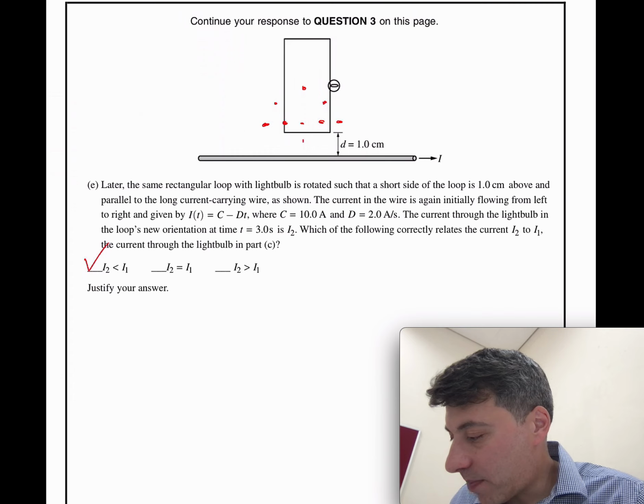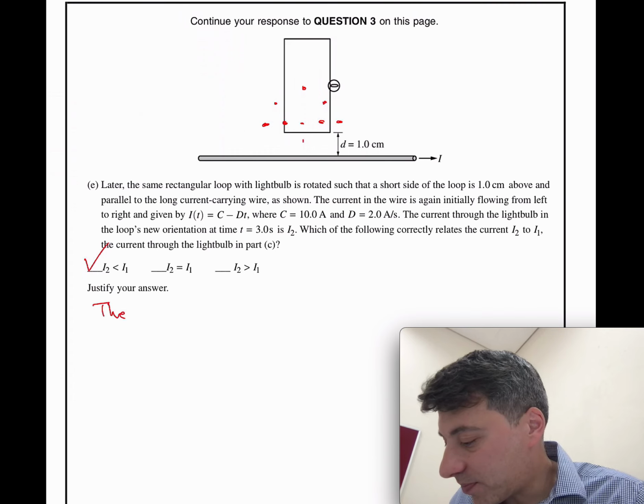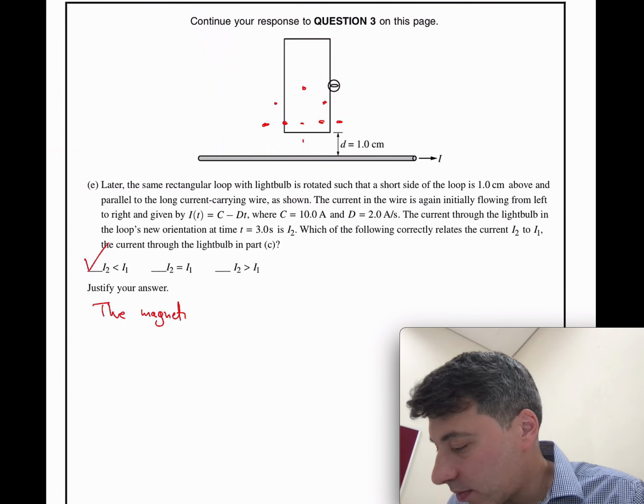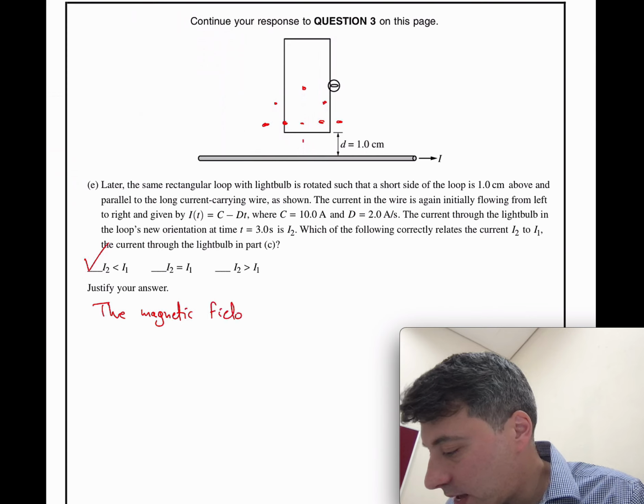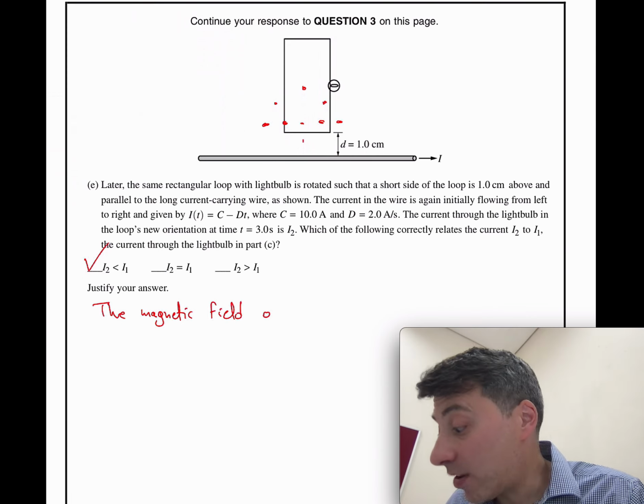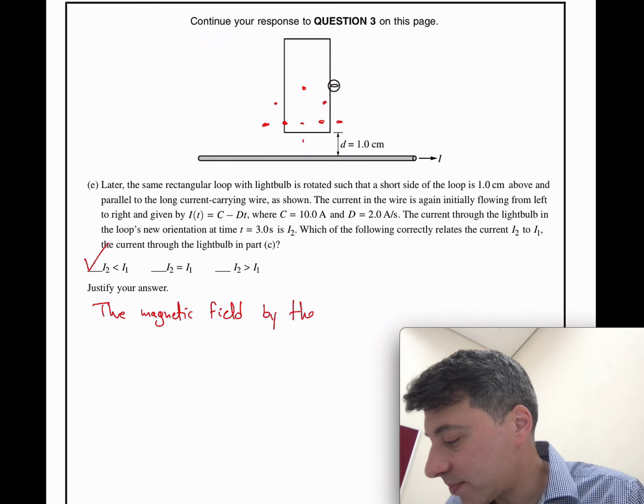Now, the magnetic field by the wire decreases with distance.